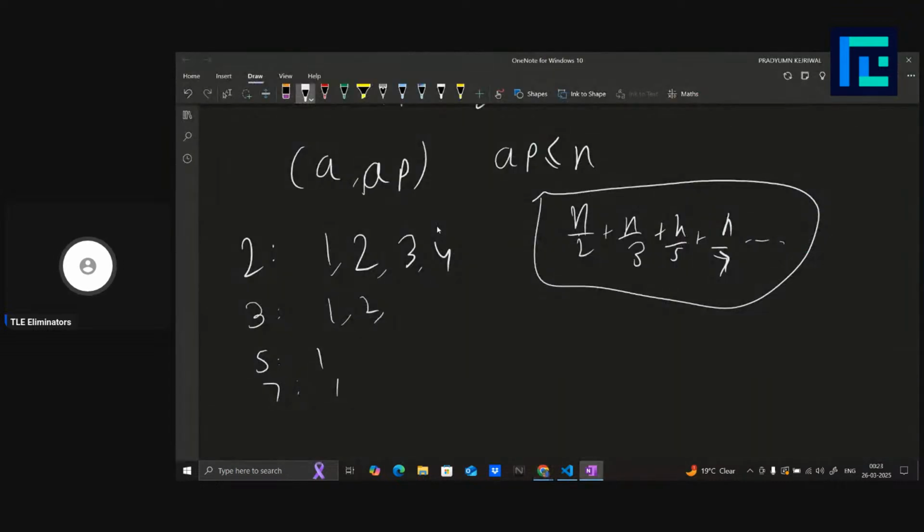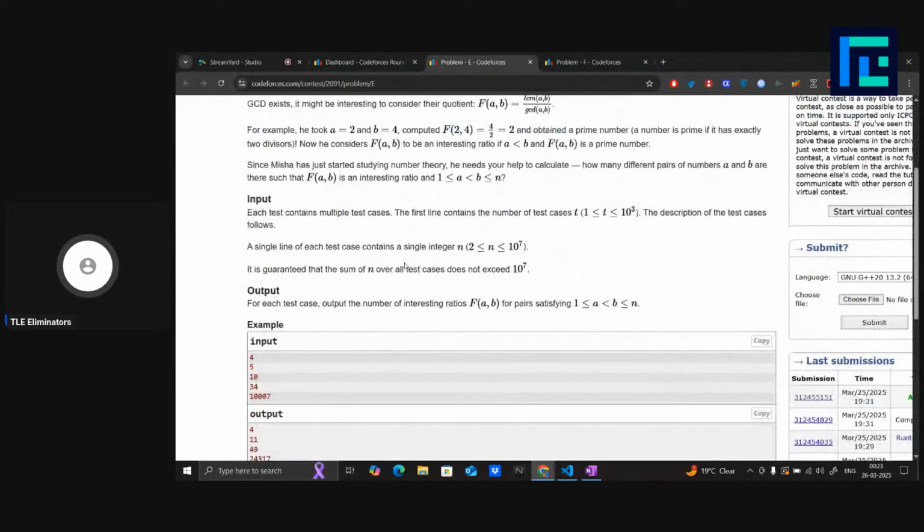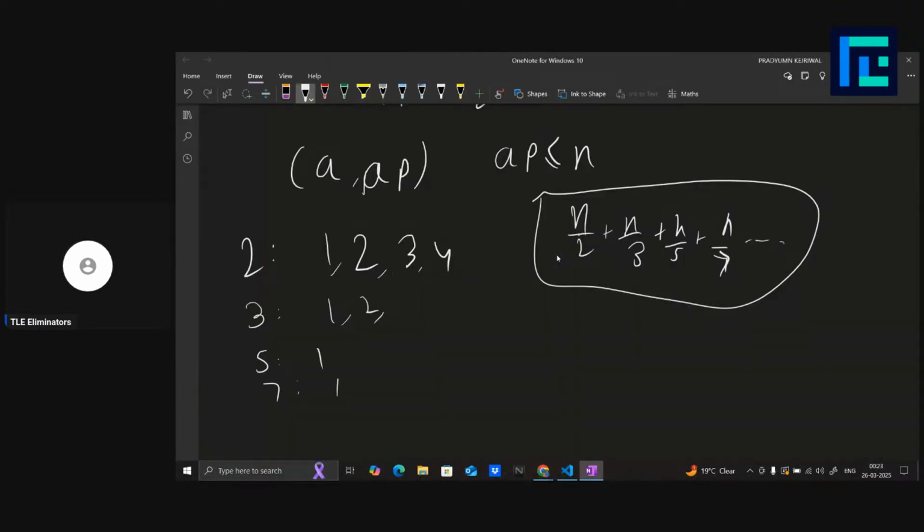And how do we actually implement this? That is also a question, because n is up to 10^7, right? So if you try to naively implement this using square root n time to check if a number is prime or not, then it will give TLE.